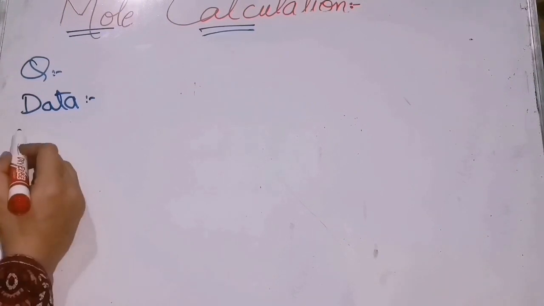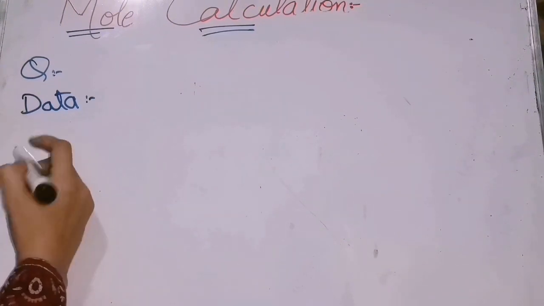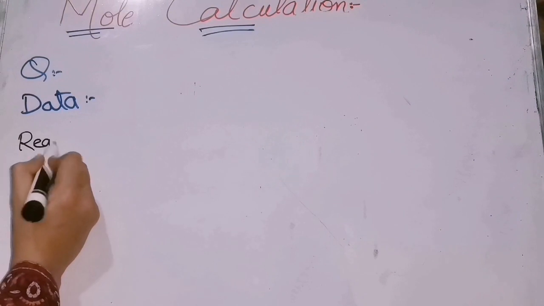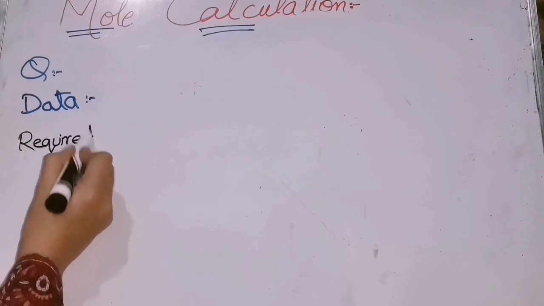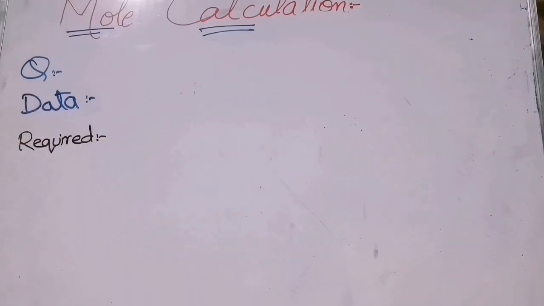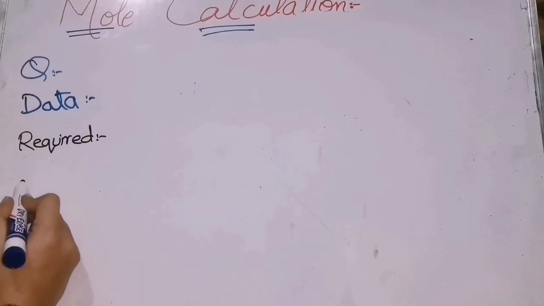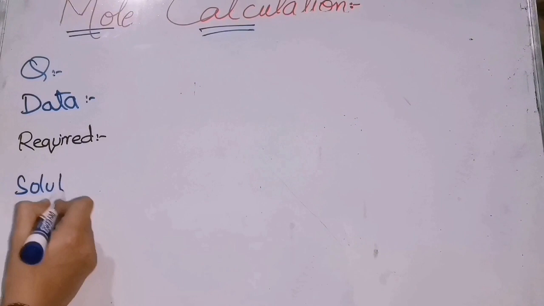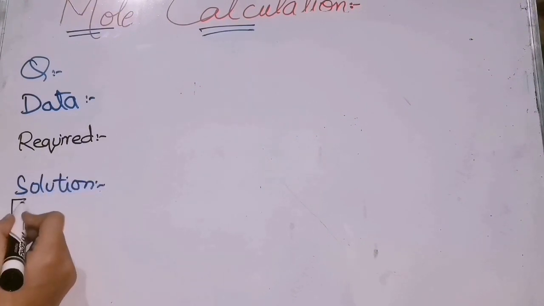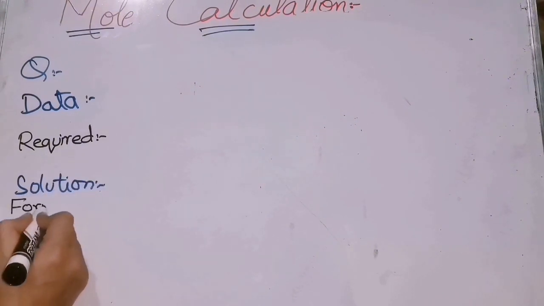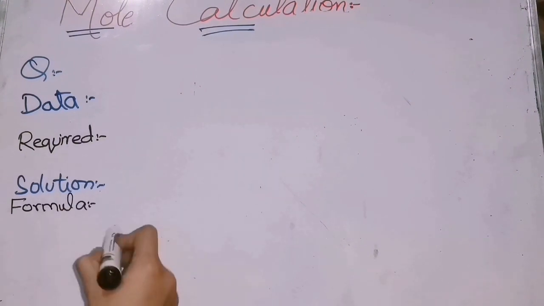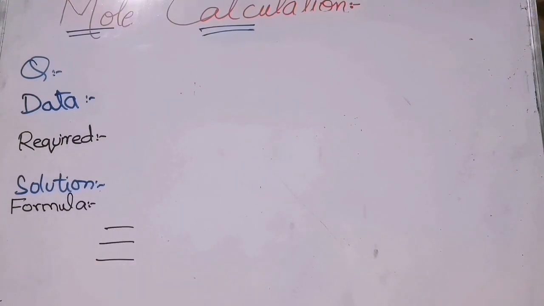So you will give the heading of required. Then you will give the heading of solution, and after solution, directly give the heading of formula. After doing all the calculations, give the heading of result.